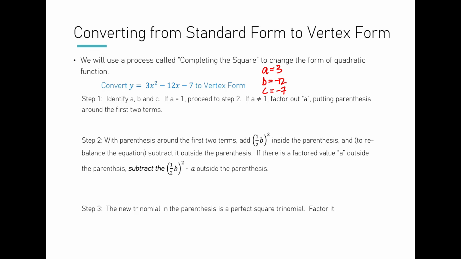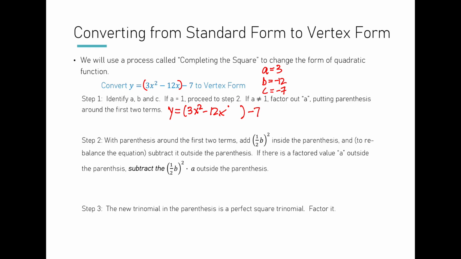I put parentheses around that first, but I'm going to rewrite this, and I'm going to leave more space there. So 3x squared minus 12x, space there, and then -7.